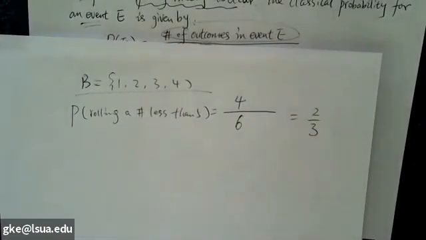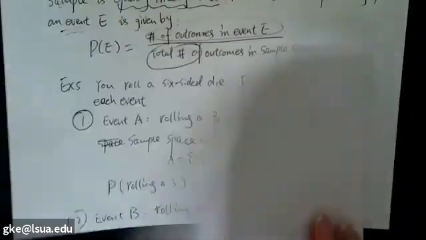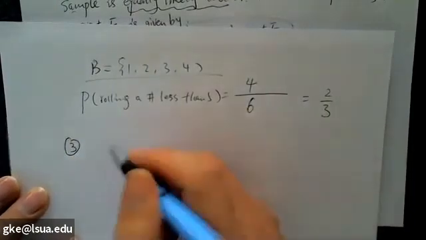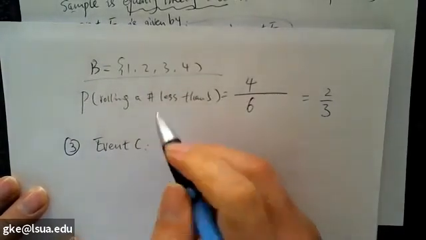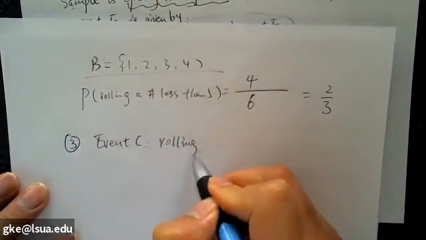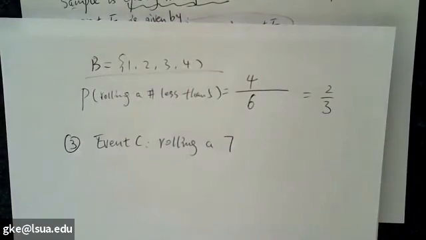2/3. Now I'm going to give you guys another one. It's very tricky. Event C, rolling a 7. Tricky.